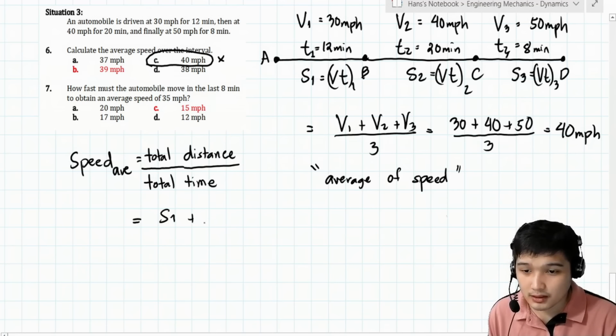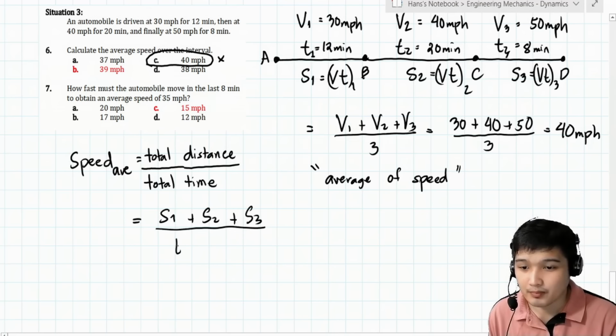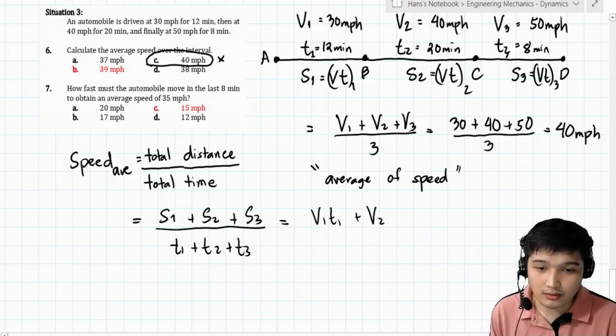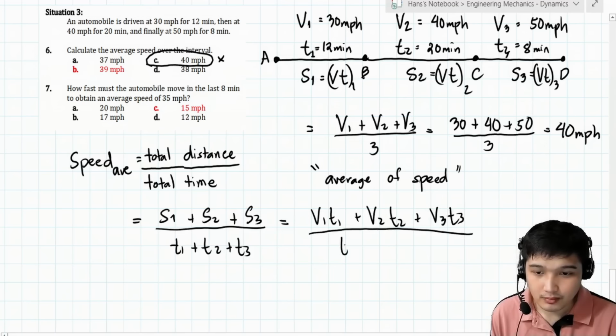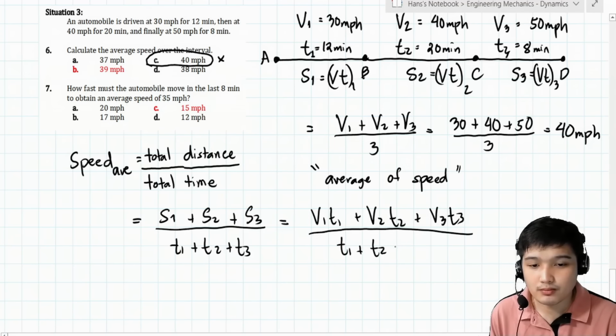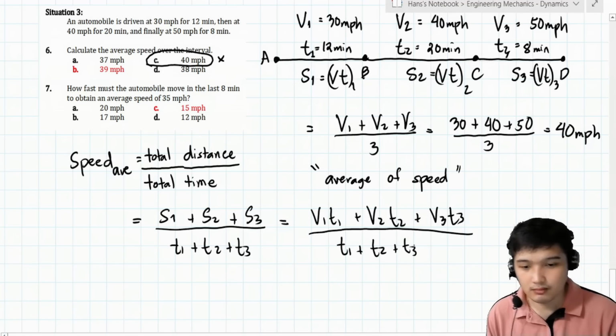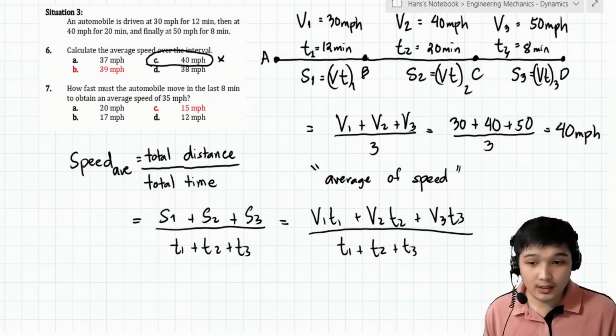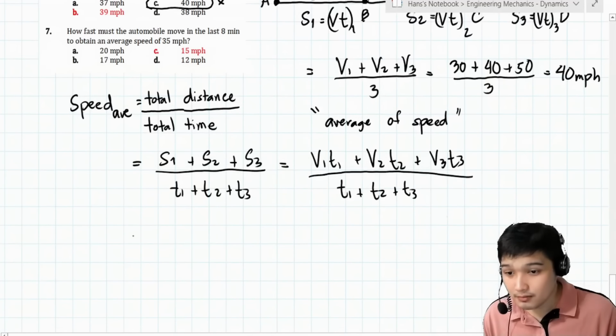S1 plus S2 plus S3 over yung total time T1 plus T2 plus T3. So, papalit lang natin yan, guys, yung mga given. So, magiging V1 T1 plus V2 T2 plus V3 T3 and then over T1 plus T2 plus T3. Okay? So, this one is pretty direct substitute na lang.